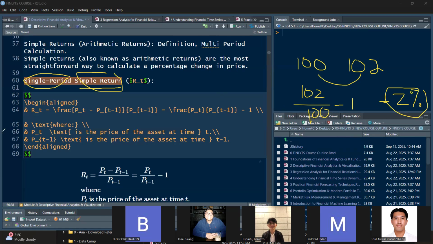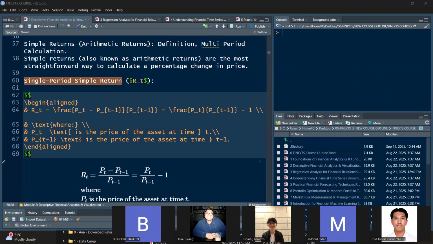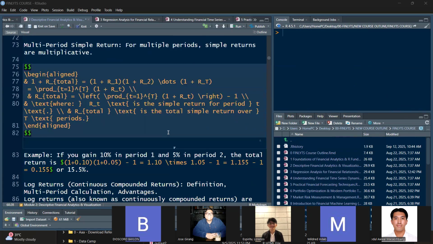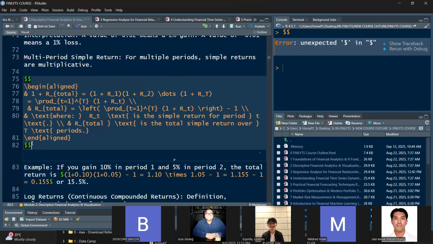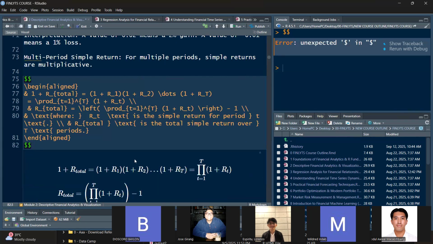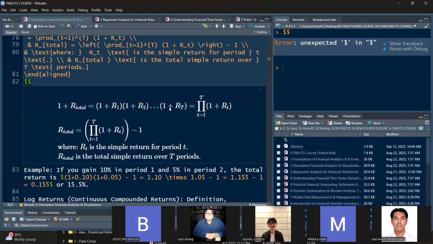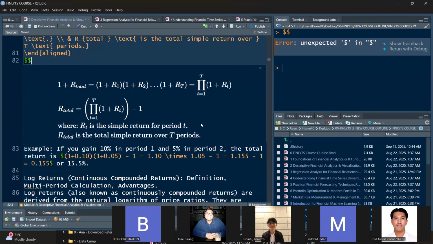Now, if it's multi-period, class, this is the formula. So we derived the formula: 1 plus R total.